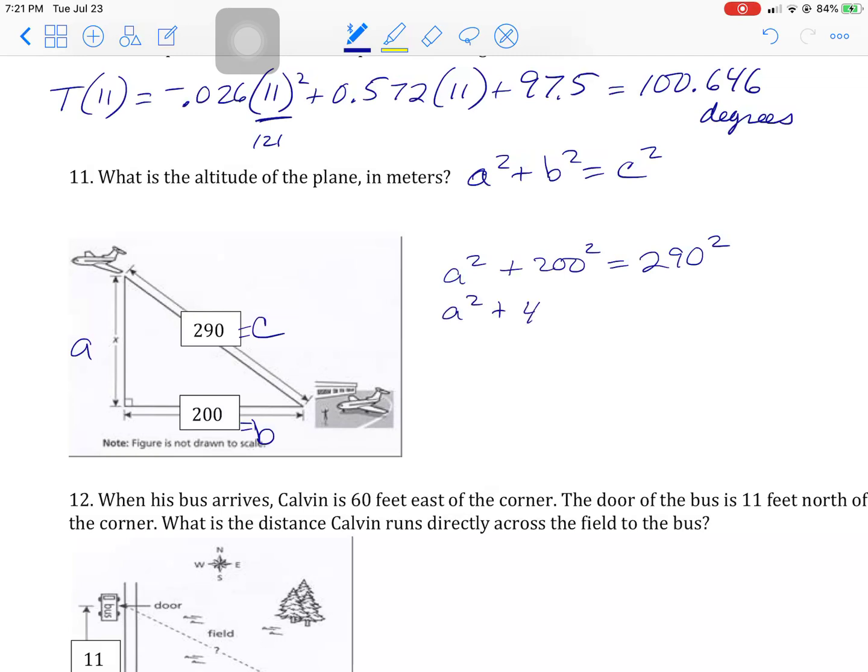200 squared is 40,000. This one's 84,100. Move this over. Showing all of my work.